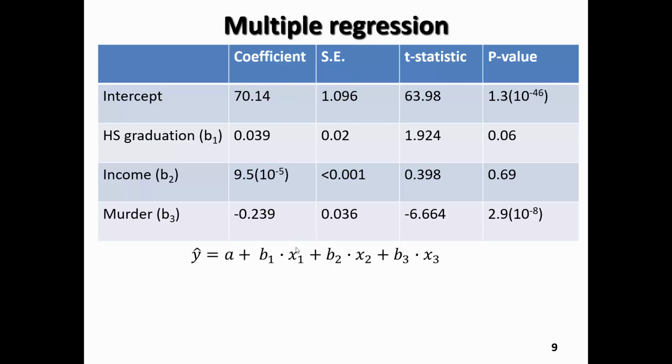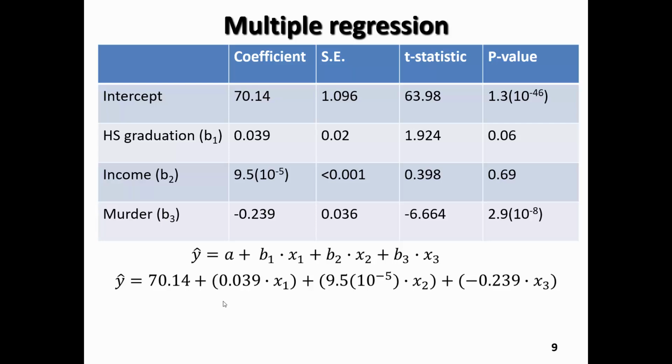Now, taking the coefficients and substituting those coefficients into our prediction equation, we would have an equation that looks like this. So one could use this and input different values for x and come up with a predicted value for life expectancy.